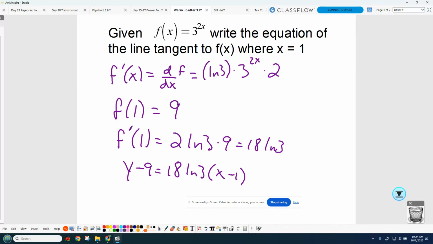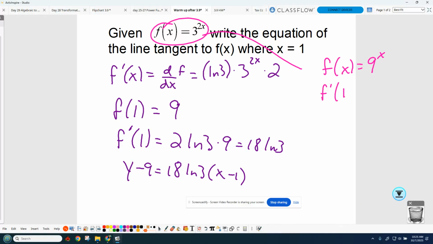Did anyone do something different? The irritating thing with logs, it can look really, really different. First thing I thought of was, why do I need 3 to 2x? Why don't I just make it 9 to the x?